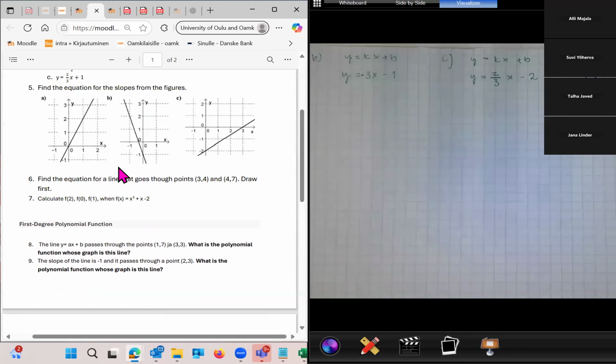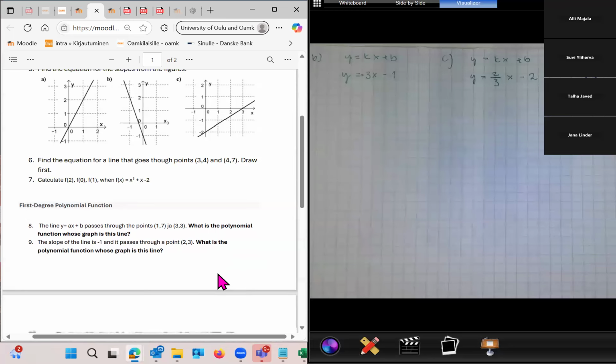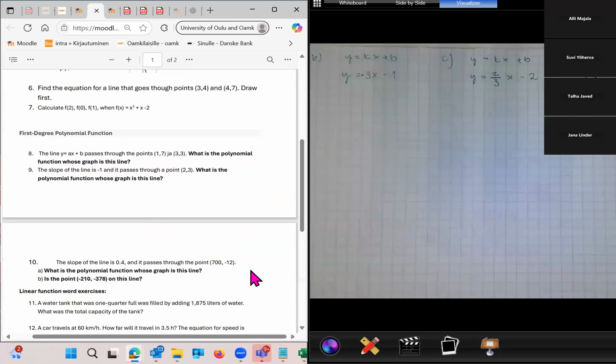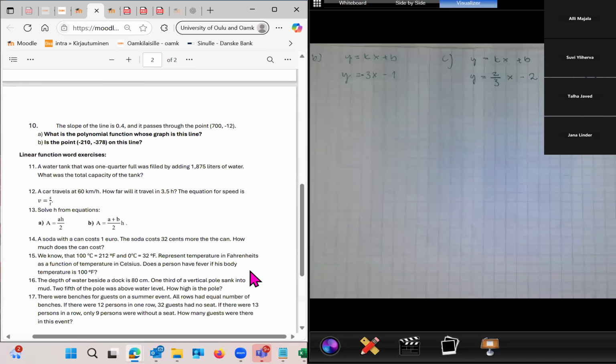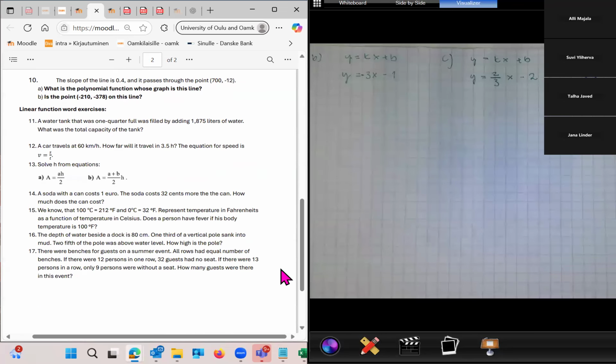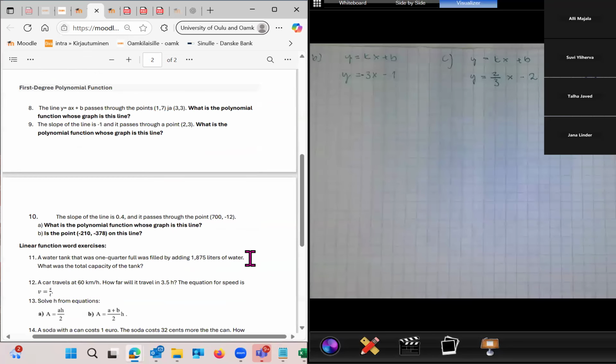But as we went through these, I will just do a couple of more simple things and then continue, for example, the 6 and 7, then continue to these ones here. And then there are also these written exercises, so I will also do a couple of those, yeah?